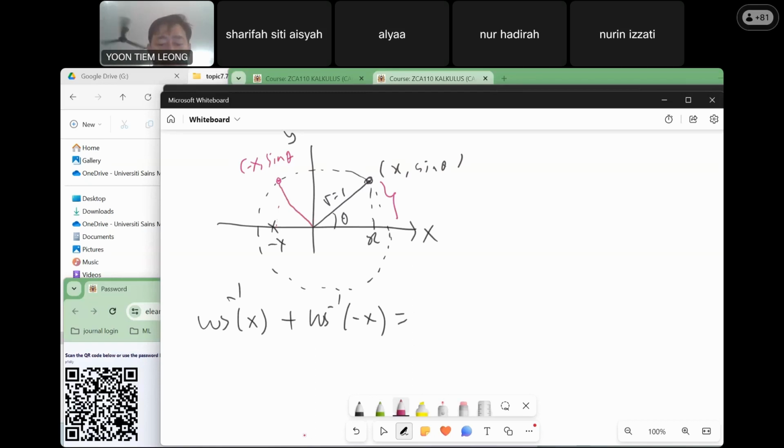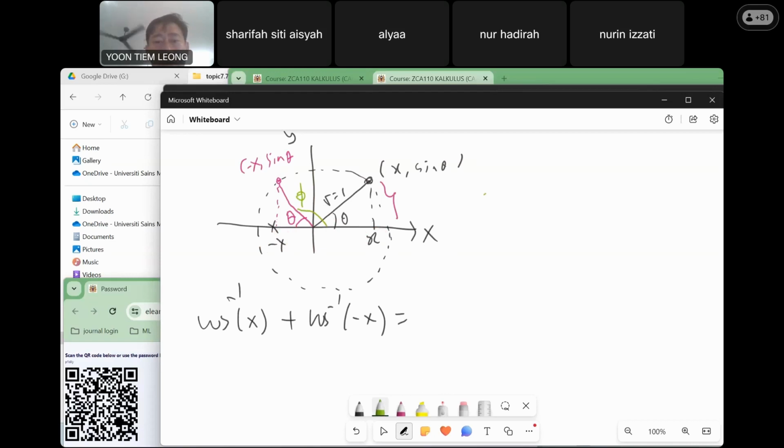Let us label this angle to be also theta because of the symmetry between this point and this point. They are just reflections about the y-axis, so that x becomes minus x on the other side. Then you can look at this angle. You can see that this angle is phi.